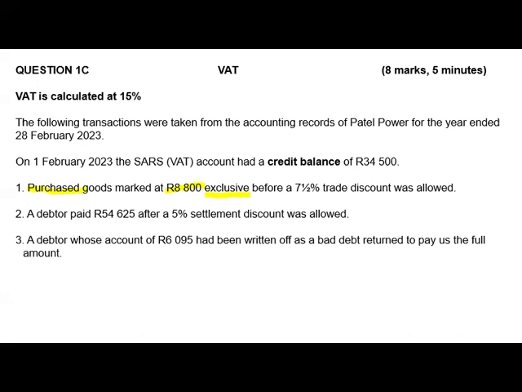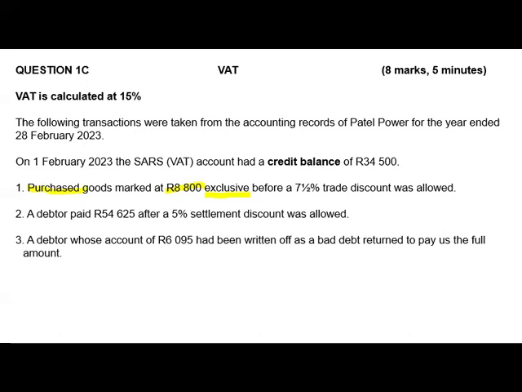Note that when goods are purchased, we normally recognize VAT input. However, when we purchase those goods, we can record VAT input at that amount, which is 8,800. We have to reduce that amount by 7.5%.